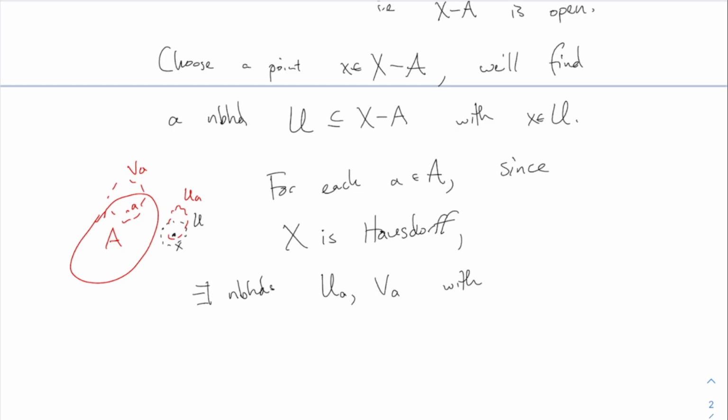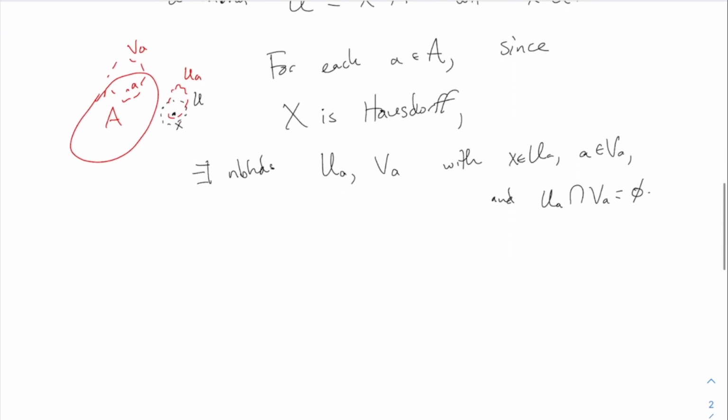X is in UA, the little a is in VA, and their intersection is empty. UA intersect VA is empty. All right. And the idea is you do this for every point in A. So do this for all a in A.